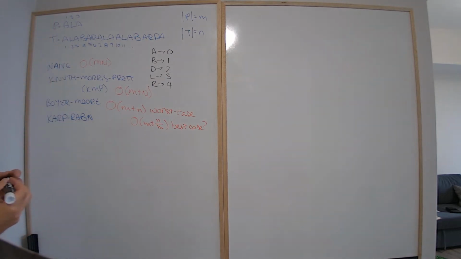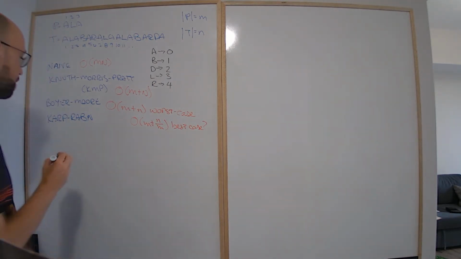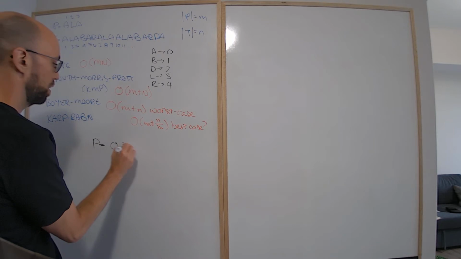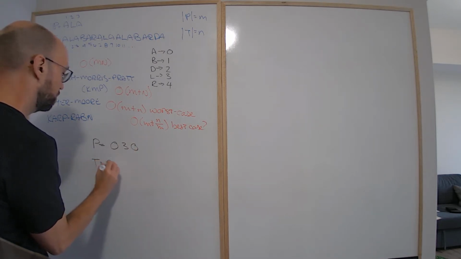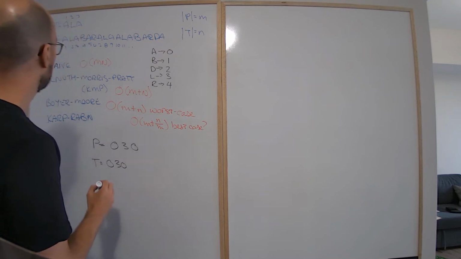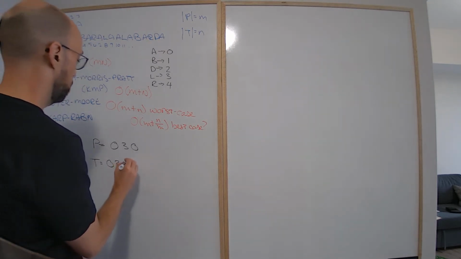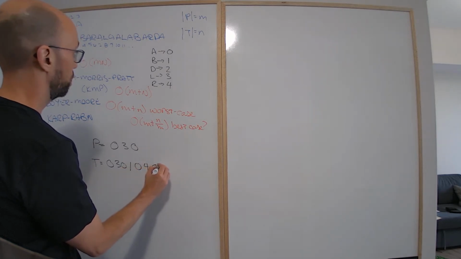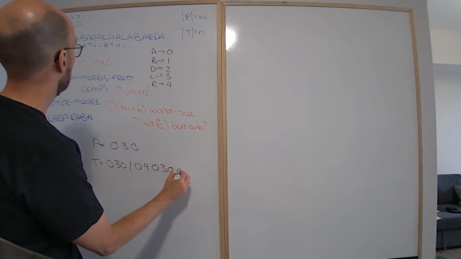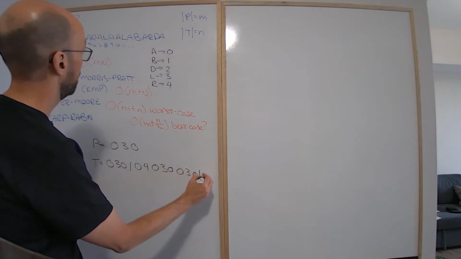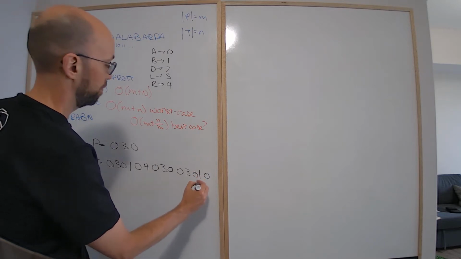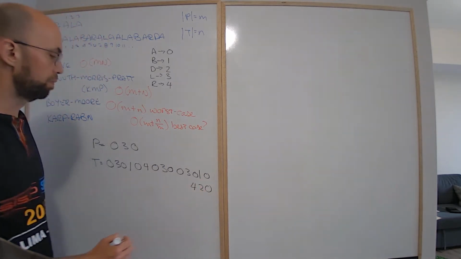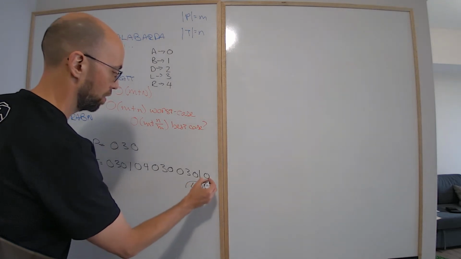Okay, is that all of the characters? Yes. So now P is 0, 3, 0, and T is 0, 3, 0, 1, 0, 4, 0, 3, 0, 0, 3, 0, 1, 0, 4, 2, 0.